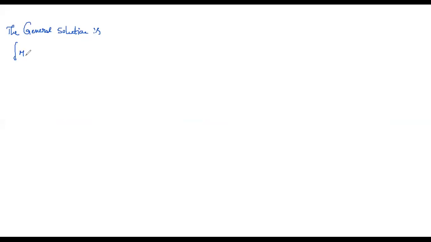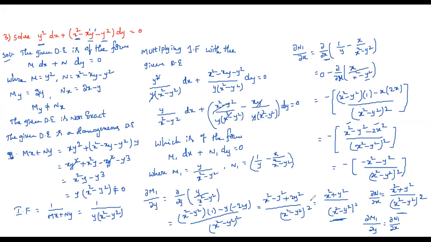integral m1 dx, where we treat y as a constant, plus integral of n1 dy, choosing only the terms in n free from x terms, is equal to c. Now m1 is what we got earlier: y by x square minus y square.